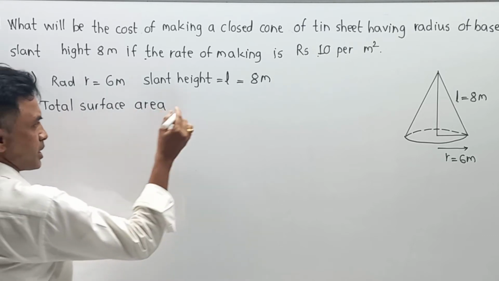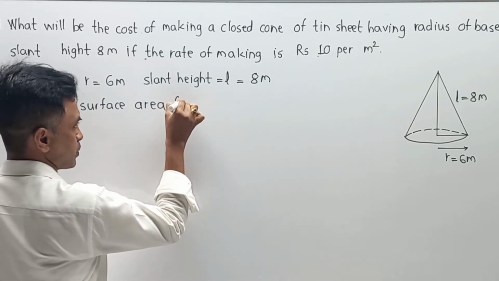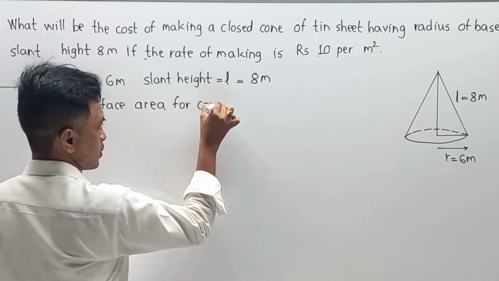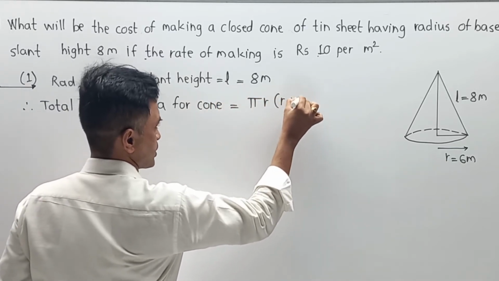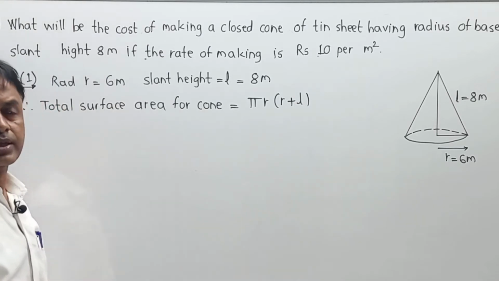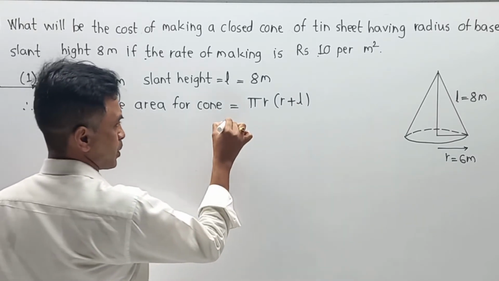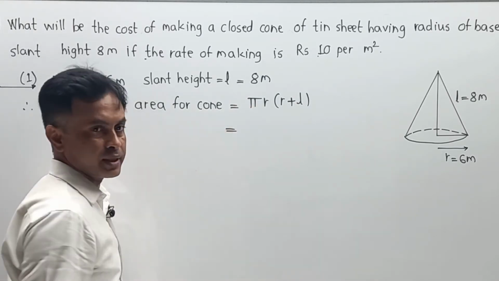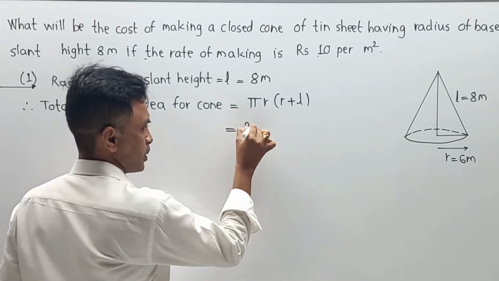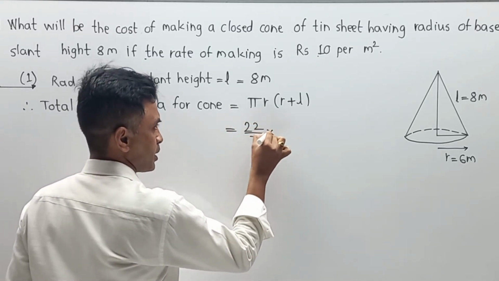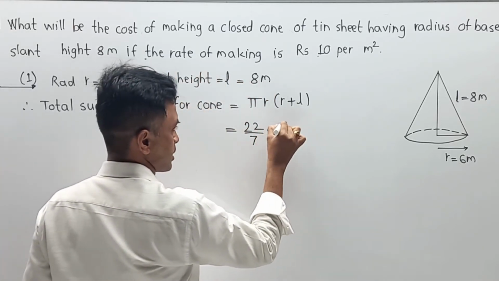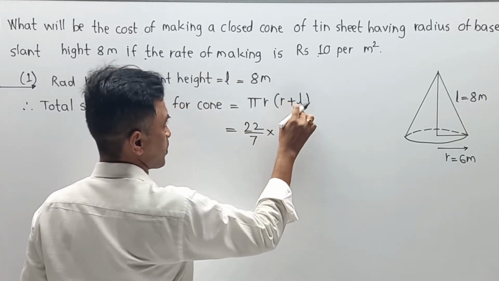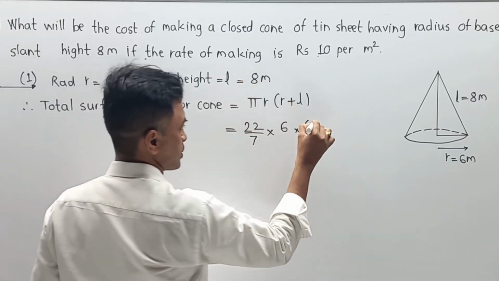Therefore total surface area for cone is equal to pi r into bracket r plus l. Now we are going to start simplification of that. They have not mentioned any particular value of pi, so we can take it as 22 by 7 into r. r is mentioned over there, radius is 6, into r plus l means 6 plus 8.